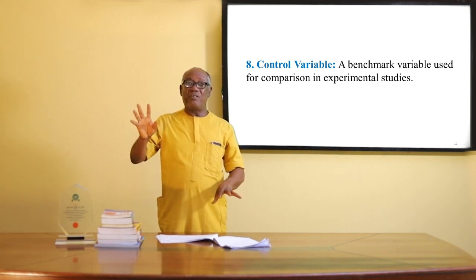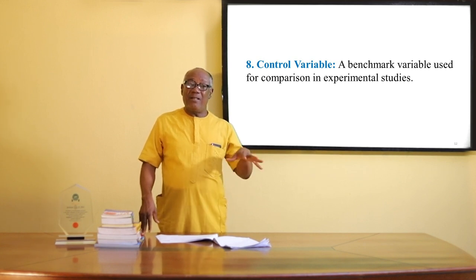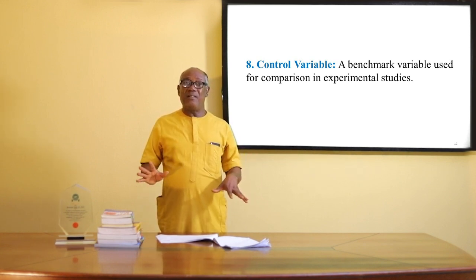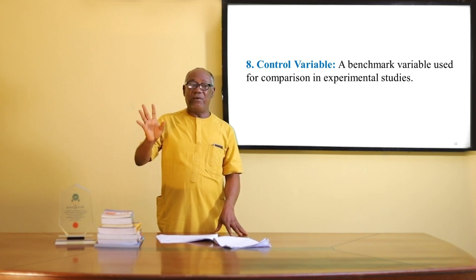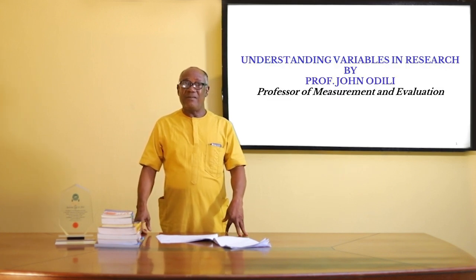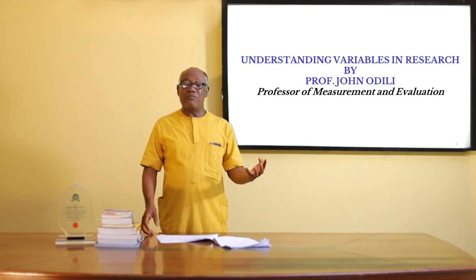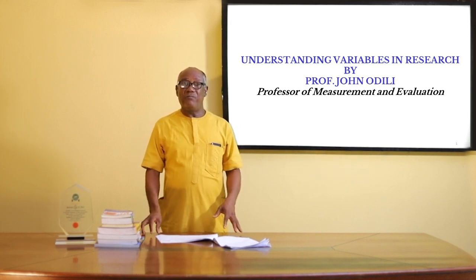If the demonstration method is better when compared with lecture method, we'll say demonstration method is a more effective method of teaching biology. Now, the one we used as a basis for comparison is what we call control variable.